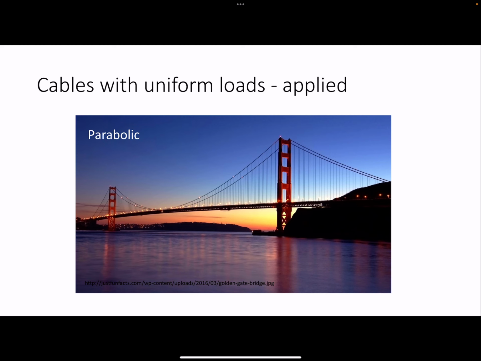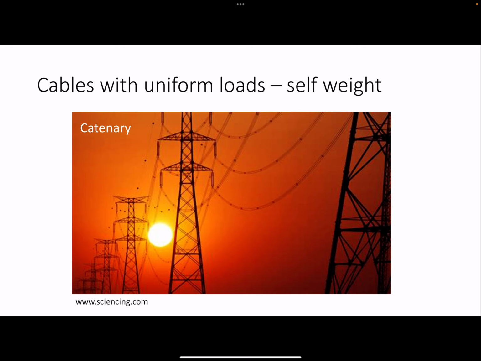But that's not too difficult. You're just using the geometry of a parabola. Catenary action is a little bit more complex. This would be an example if you had just a cable that has self-weight as its uniform load, where the self-weight is significant enough to generate that catenary shape.